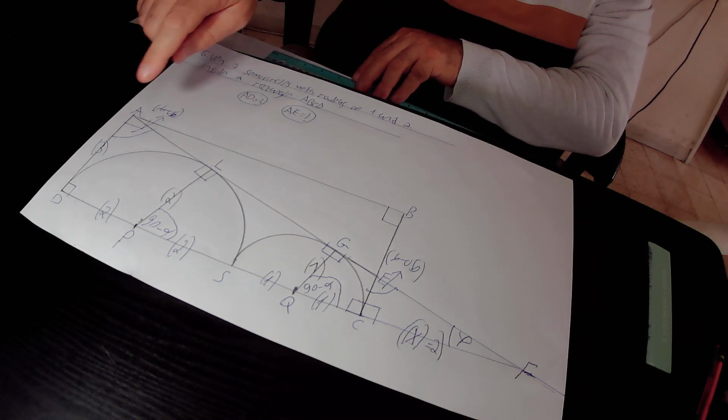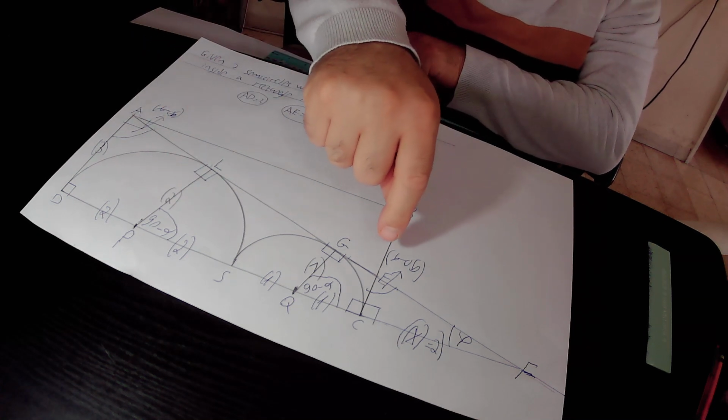So why is the big right triangle ADF similar to this small right triangle, triangle ECF?